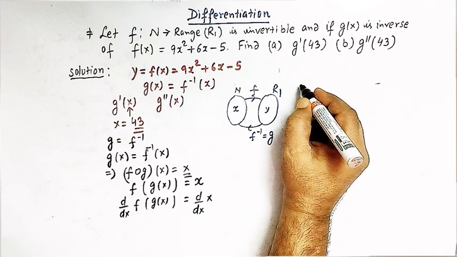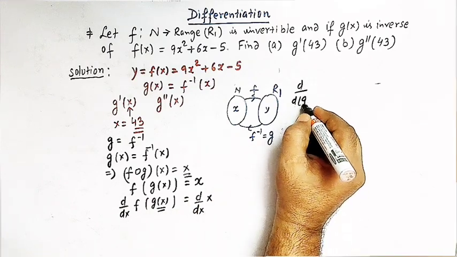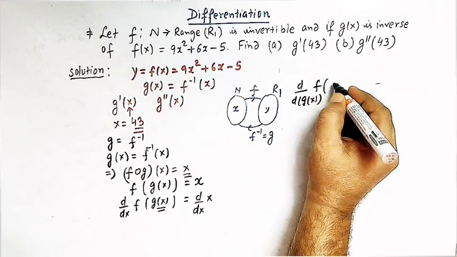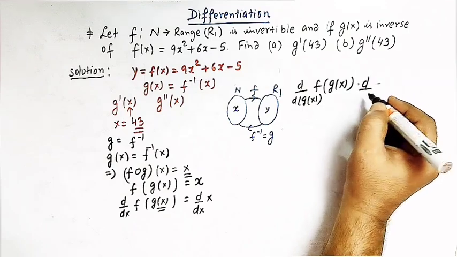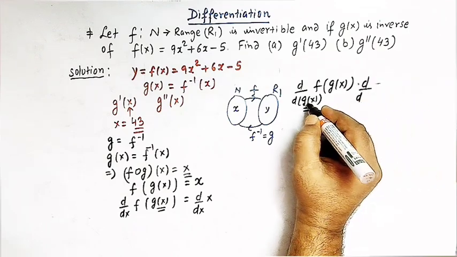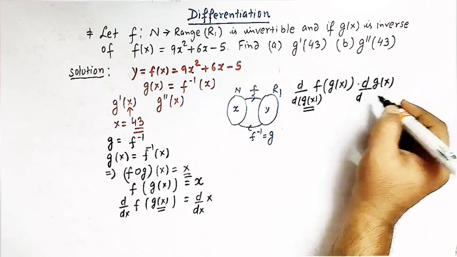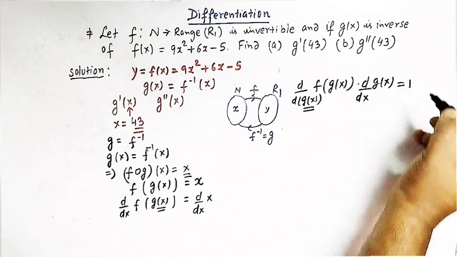First we'll differentiate f of g of x with respect to g of x, and then by chain rule we differentiate g of x with respect to x, and here the derivative of x is 1.